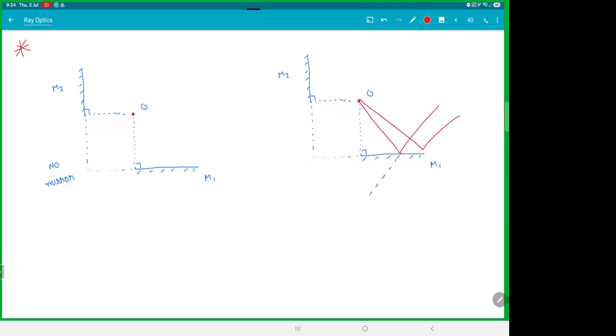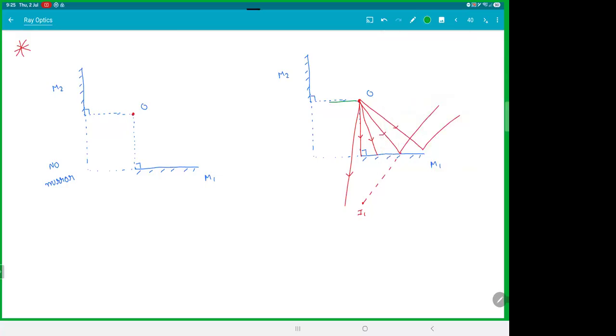So when you extend them, you'll get an image I1 here. If you look at here, there is not a single light ray which will go from M1 to M2. Making sense? There is not a single light ray which is going from M1 to M2. So M2 does not know who is I1.